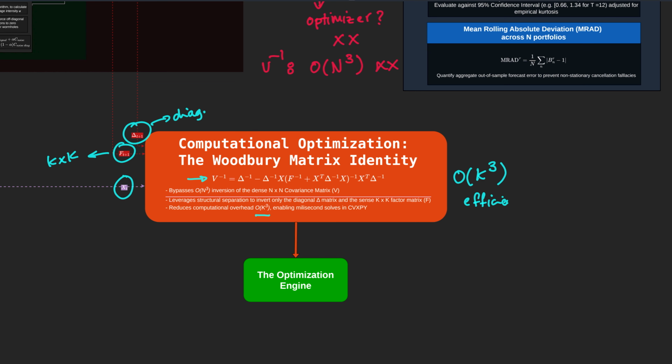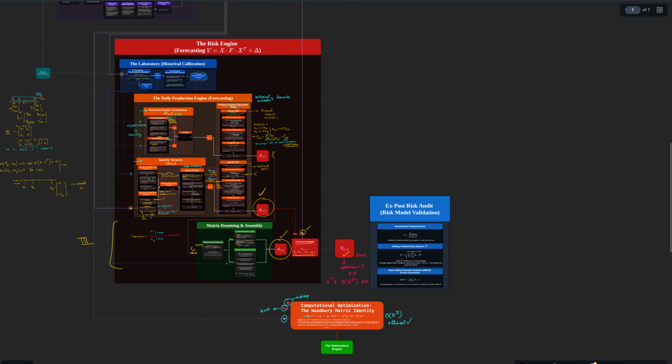This single architectural decision massively improves our system's computational efficiency. So we have a robust risk engine that the optimizer can now deploy with high speed.